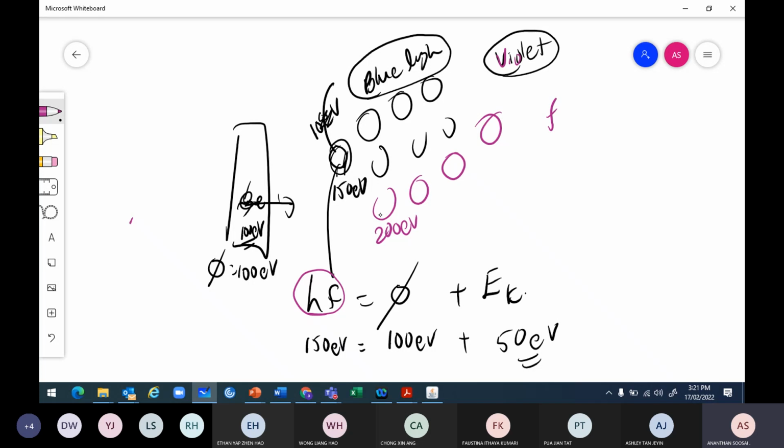When it strikes the electron, he again uses 100 eV to break the bond, because the bonding is the same, same metal plate. But you get 200 eV from the violet, so how much kinetic energy will it have? Sorry, 100 eV. So the kinetic energy of the particle will rise. This is the idea.